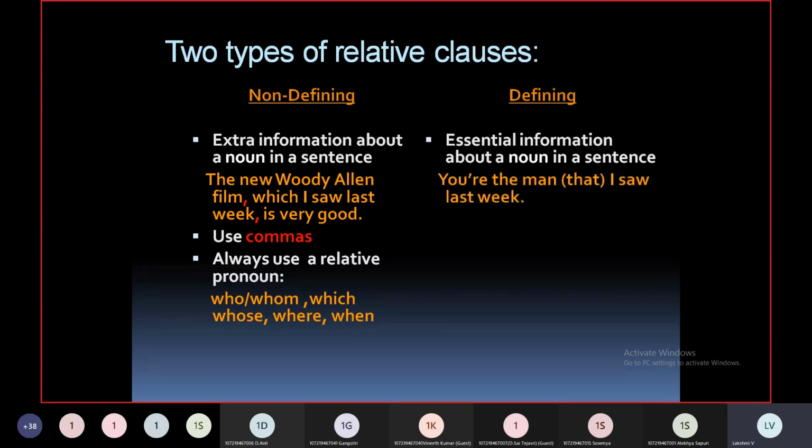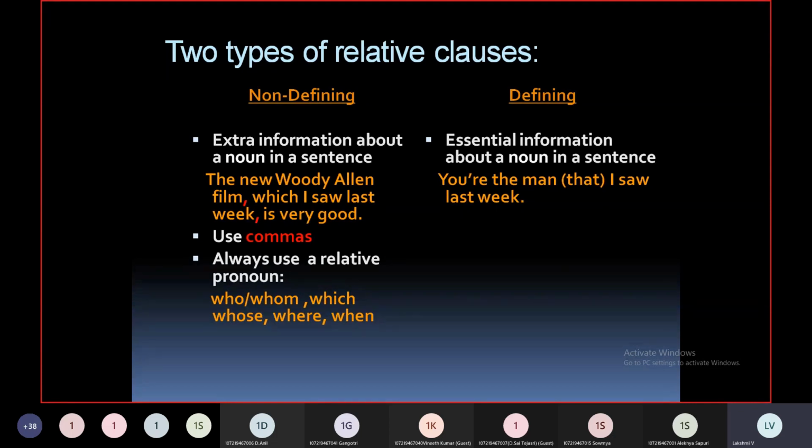A defining relative clause gives specific information that helps in identifying the person or thing that we are talking about.